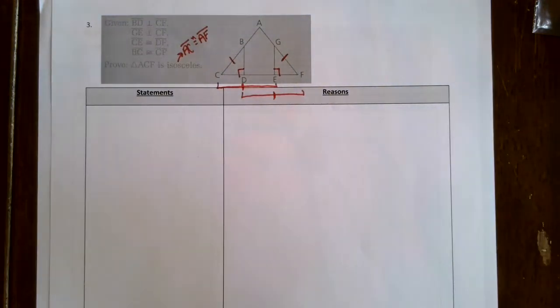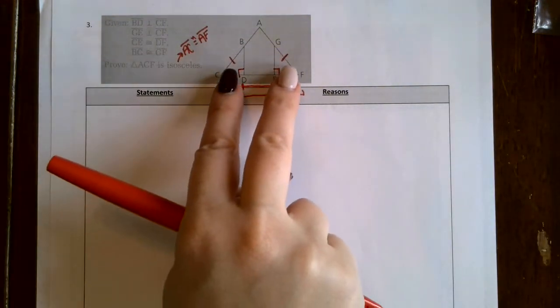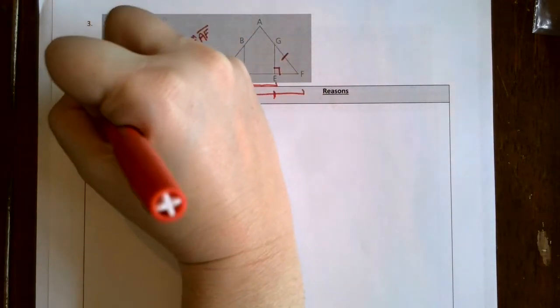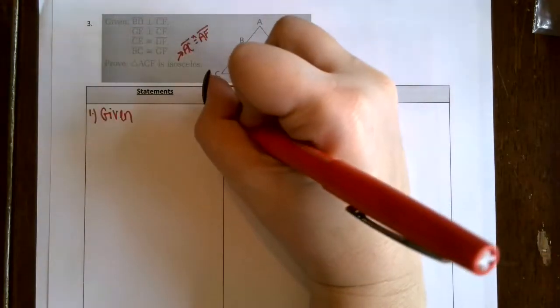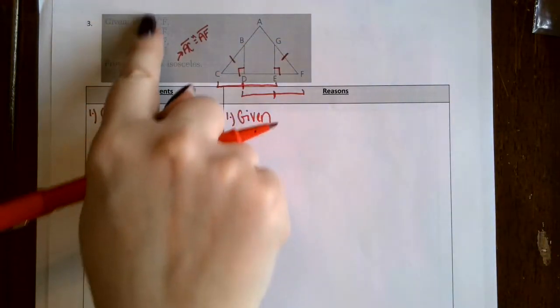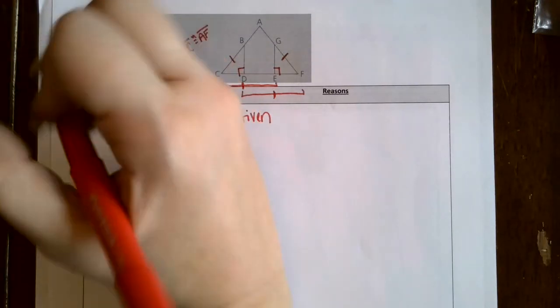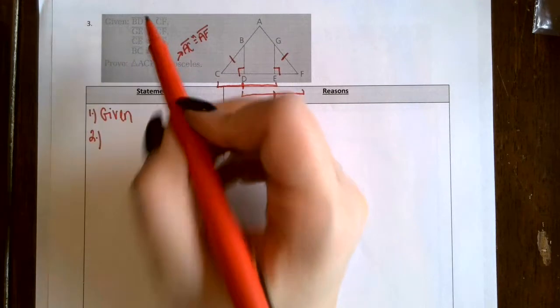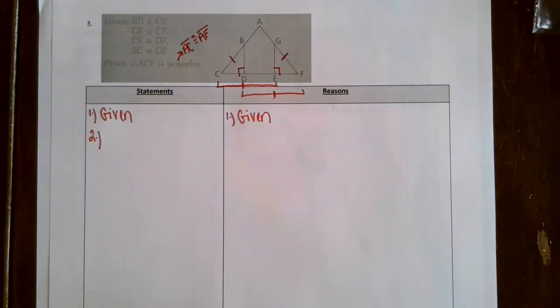Okay, so before I do that, I want to prove these outside triangles are congruent. So again, to save us time, we're just going to write our given. And again, normally you would write all of these statements again in your given. Okay, so being perpendicular, I need to explain that I have right angles and that those angles are congruent.